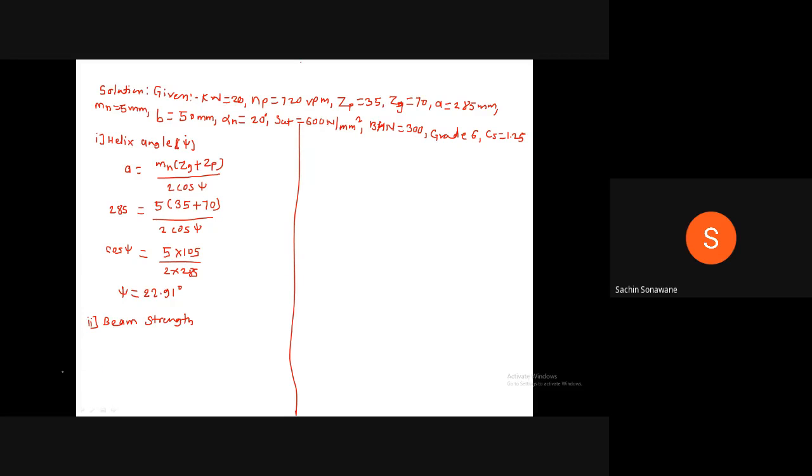Now, what is the formula of beam strength? SB is equal to Mn into B into sigma B into Y. Therefore, this Y is Lewis form factor. It is based on virtual number of teeth or formative number of teeth. Therefore, this Y we have to calculate.